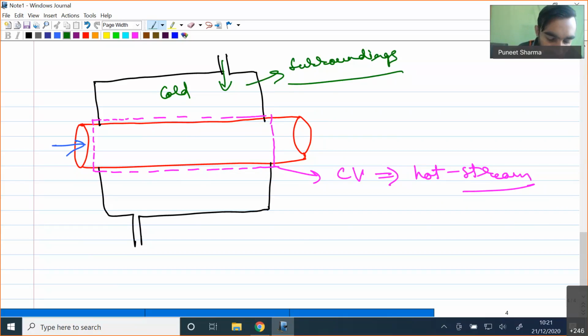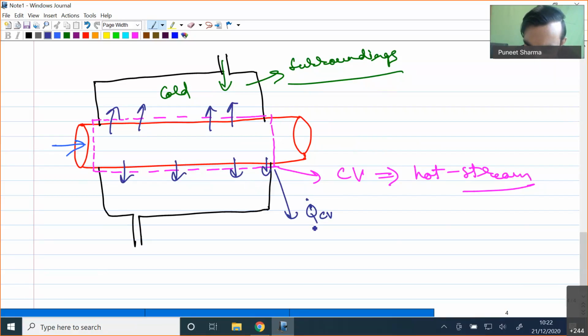For this control volume, obviously heat will be transferring from the hot medium to the cold medium. So we will be having some flow of heat from hot to cold medium. Let me write that flow of heat as Q dot C V, because my control volume is now only the hot medium, and the hot medium is losing a certain amount of heat. So that's why we will be having some Q C V interaction over here.